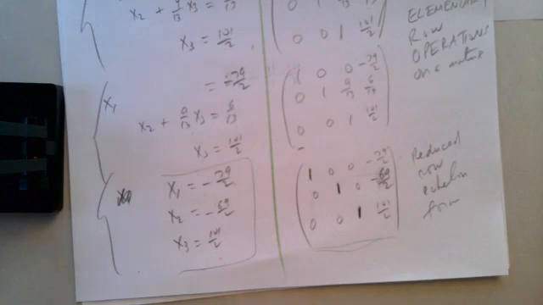So the important theorem says that by elementary row operations, you can always put a matrix into reduced row echelon form. And there's a proof of that, or there will be a proof of that in the notes. But let me just use this to solve a system of equations.